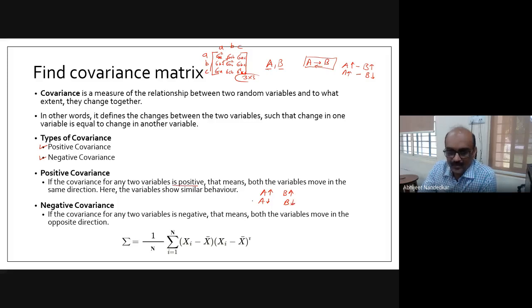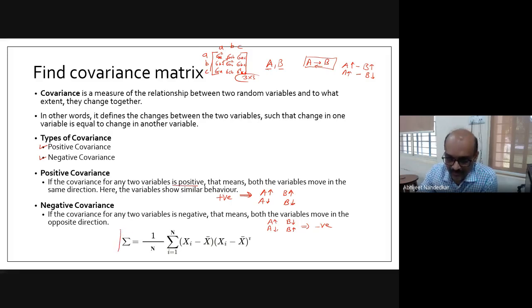So they are following similar behavior, then they are in a positive covariance relation. Now the opposite will be the case if A is increasing and B is decreasing, and if A is decreasing then B is increasing, then this will be a negative covariance.